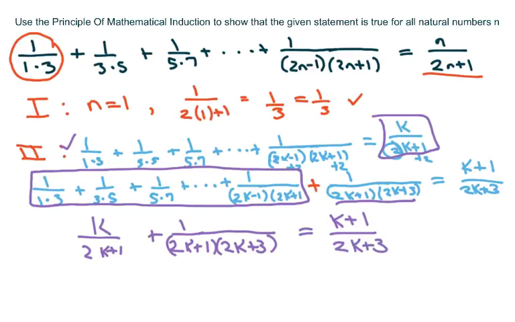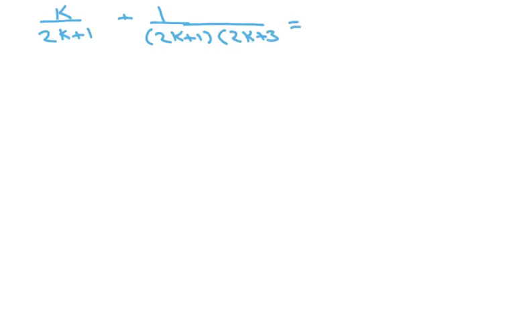So on the next slide, I'm going to copy this down again. We get k over 2k plus 1 plus 1 over 2k plus 1 times 2k plus 3. Now, I need the common denominator. My common denominator is this piece right here, because this is already included in there.